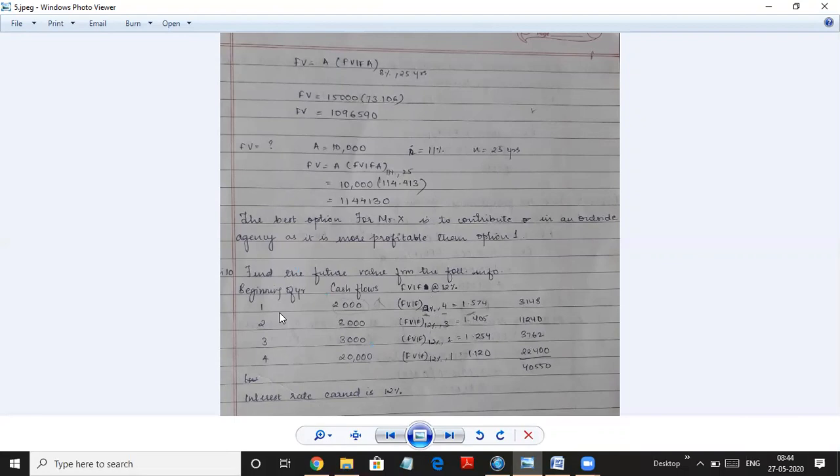And if it is end of the year, you should start from N minus 1. So if it was end of the year, I would have done 3, 2, 1, 0. Okay, so it's beginning of the year, so we're starting from 4. So future value interest factor 12% for 4 years. Future value interest factor 12% for 3 years, 2 years and 1 year we have to find.